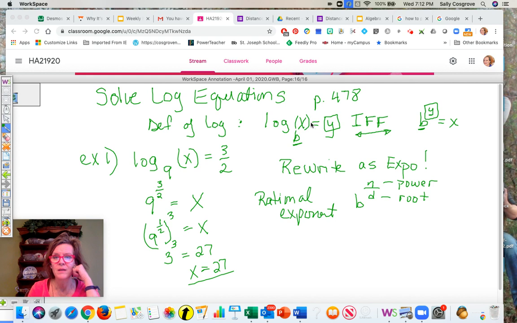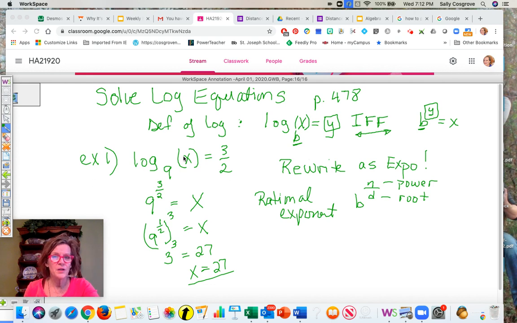So the argument and the log value change place. The base is still the base, right? And think about it, that's what happens in inverse functions. The domain and range switch places. Well, logs and exponents are inverse functions, and so that's what's going to happen. The domain and range are going to switch.